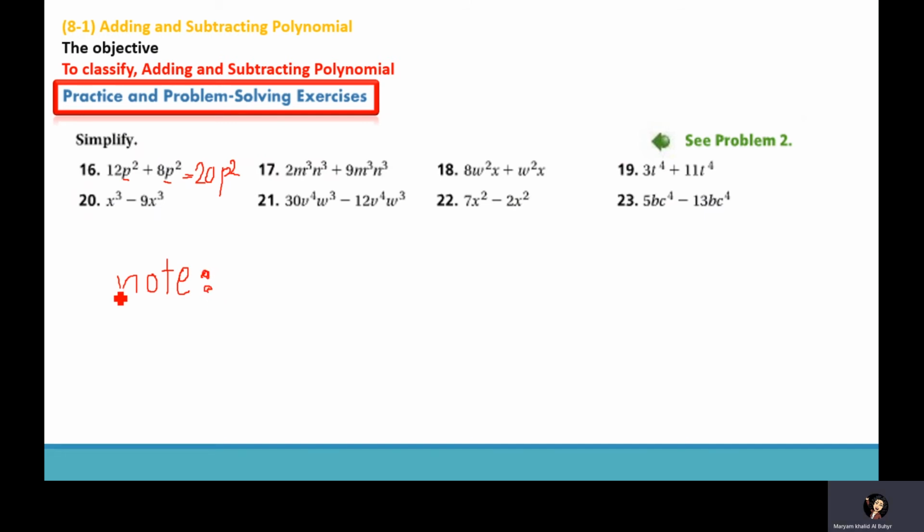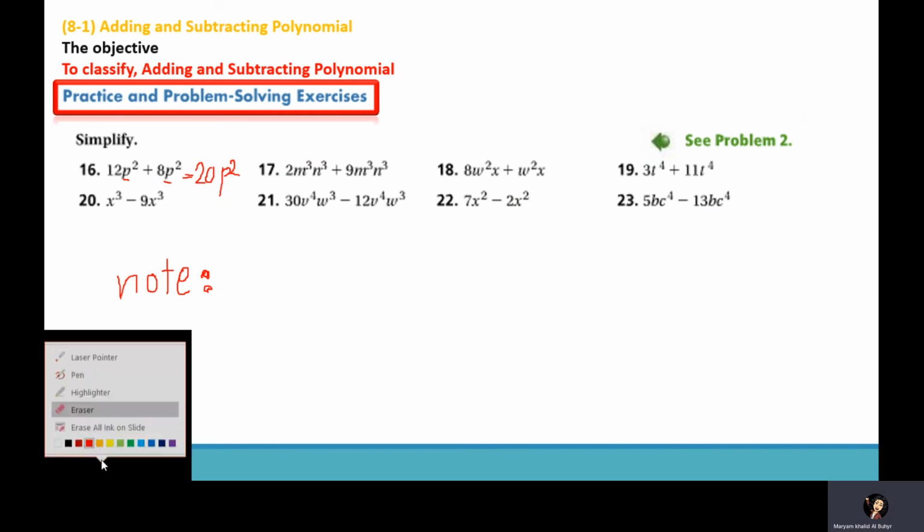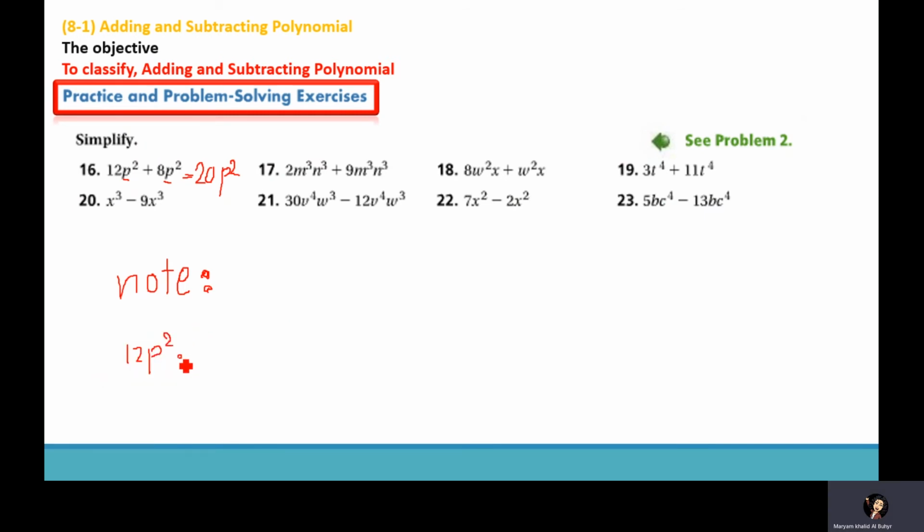If you have, for example, 12P to the power 2 plus 8P to the power 2, that is addition. But if you have multiplication, 12P times 8P to the power 2, this one is from the previous chapter.